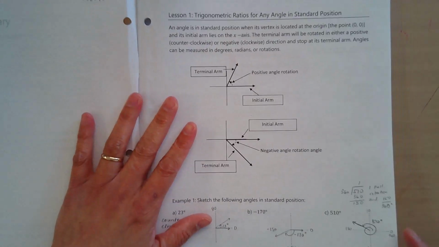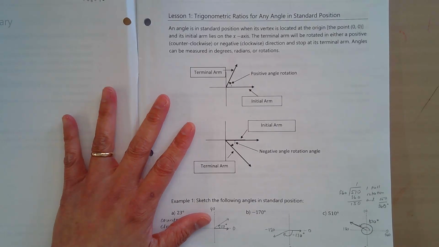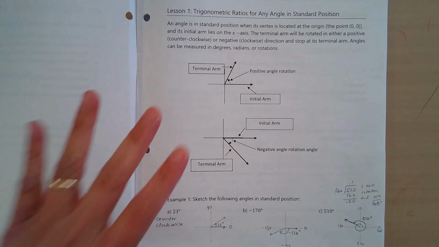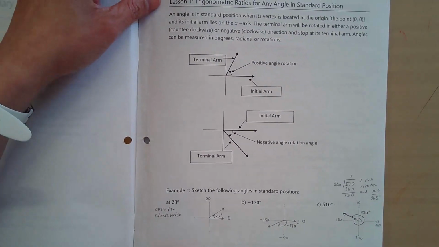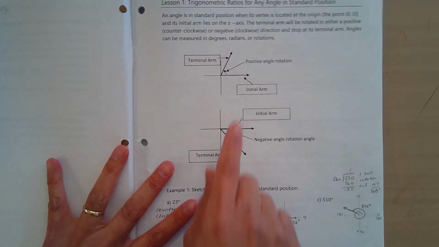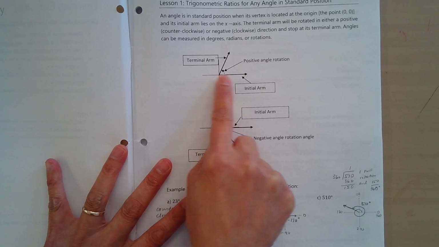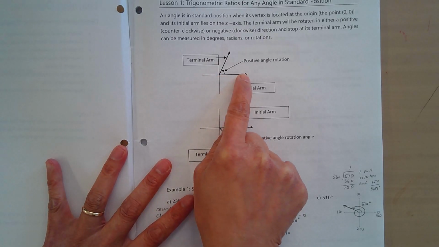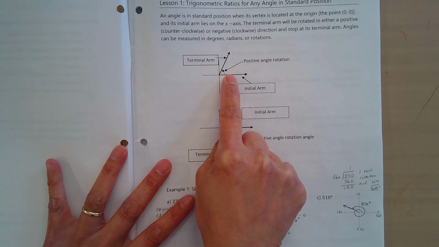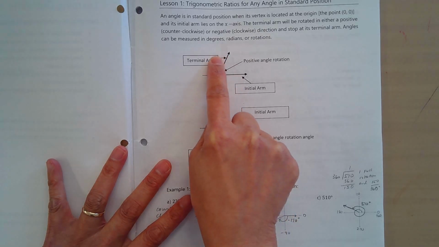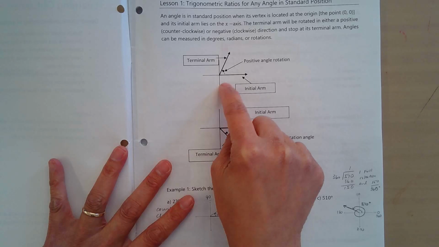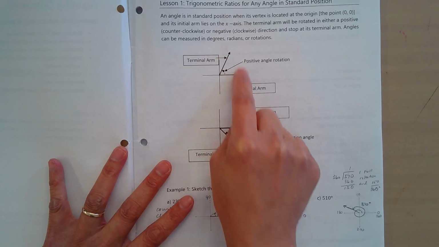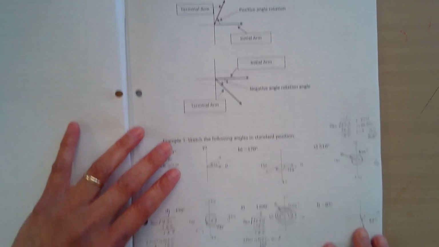When we started this trigonometry unit, we talked about angles in standard position. Standard position always starts at the positive x-axis, that's your initial arm, and then it can rotate counterclockwise, which makes a positive angle, or clockwise, which makes a negative angle.